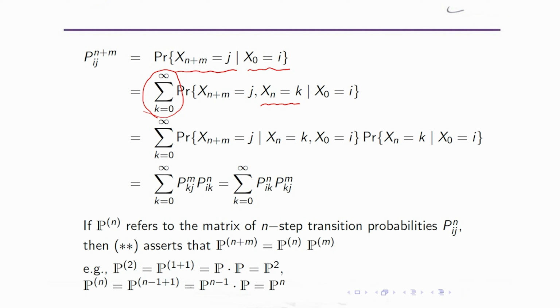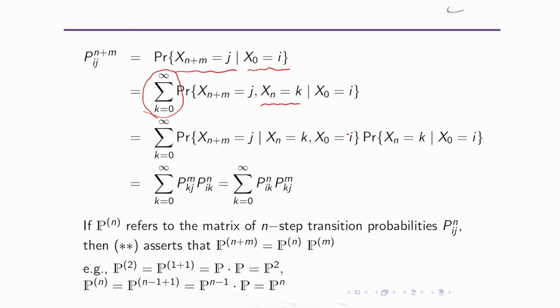And then we can write this as the conditional probability of X_{n+m} given X_n and X_0, times the conditional probability of X_n given X_0.